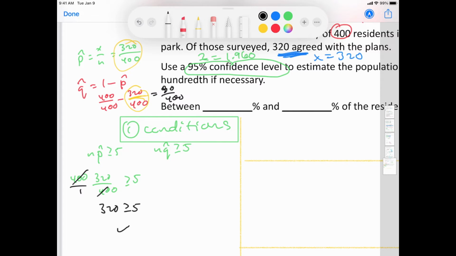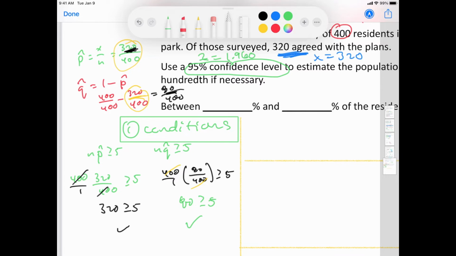That makes sense because 320 plus 80 gives you 400. So n is 400, q hat is 80 over 400, and the 400s cancel and you're left with 80. Is 80 greater than or equal to 5? That is true. So our conditions are met.